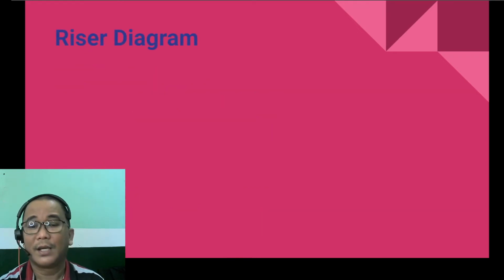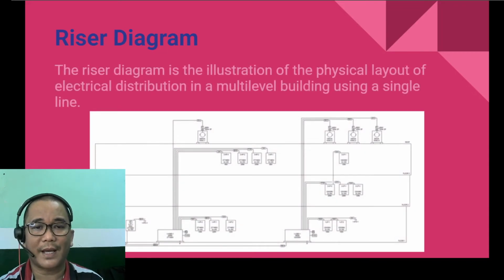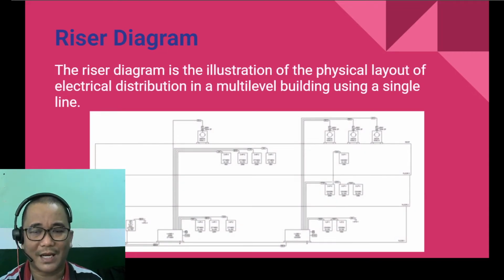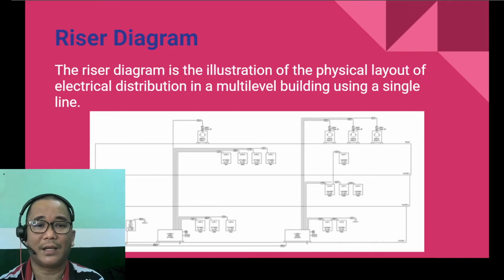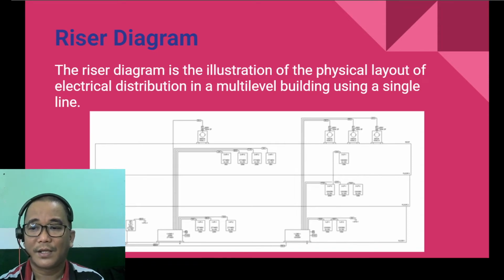Then the next one is what we call the riser diagram. The riser diagram is an illustration of the physical layout of electrical distribution in a multi-level building using a single line. So here in our example is a drawing of a riser diagram.